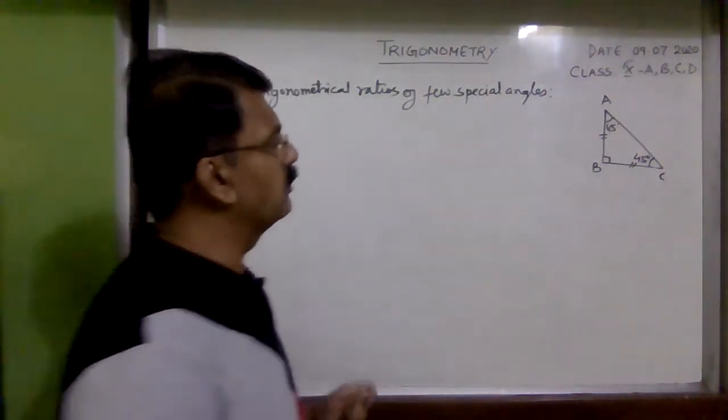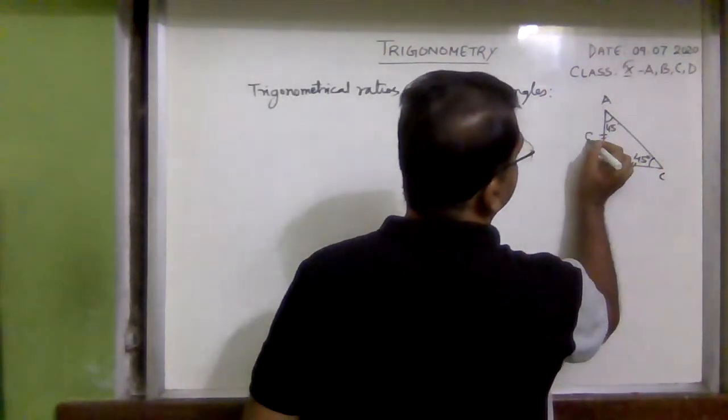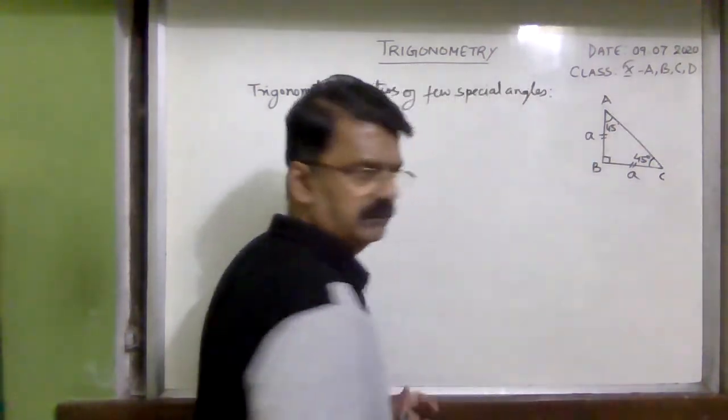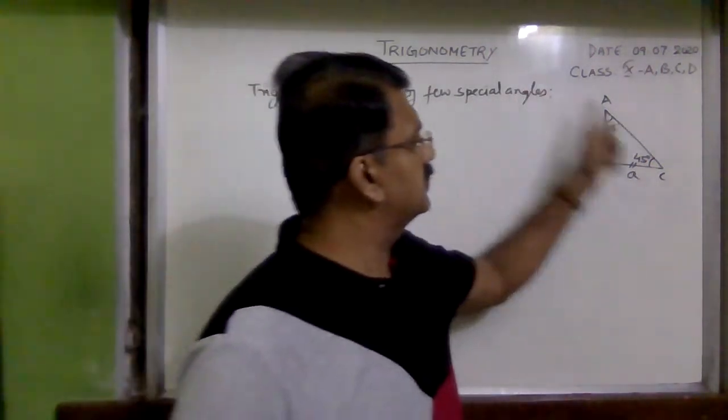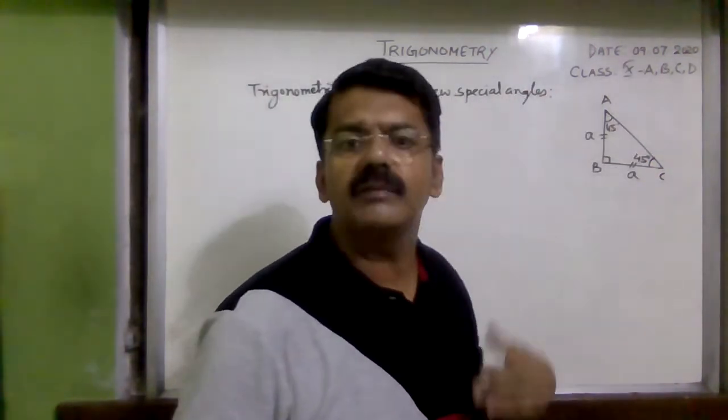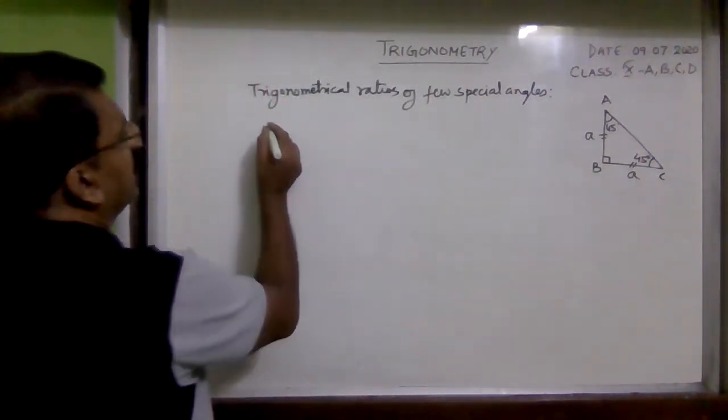Clear? One more thing. Suppose the length of this side is a and this is also a. Now using Pythagoras theorem, we are going to find the value of the hypotenuse, that is AC.